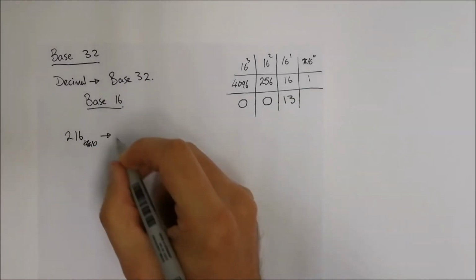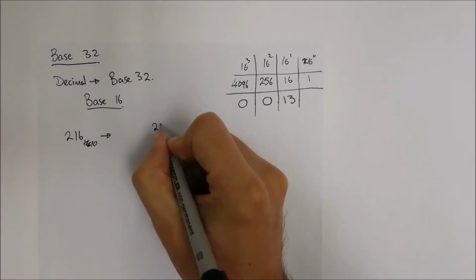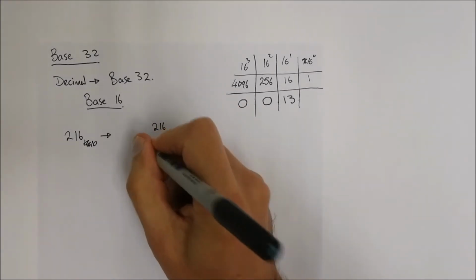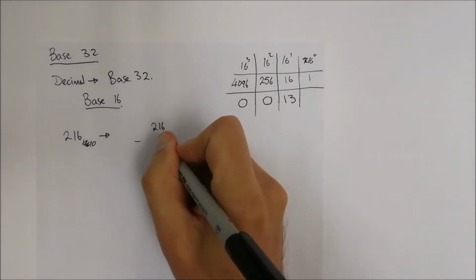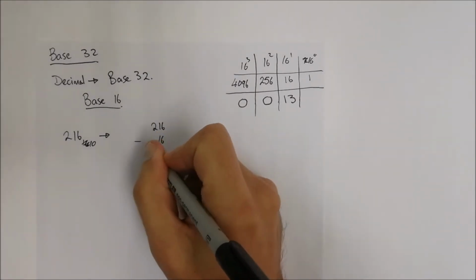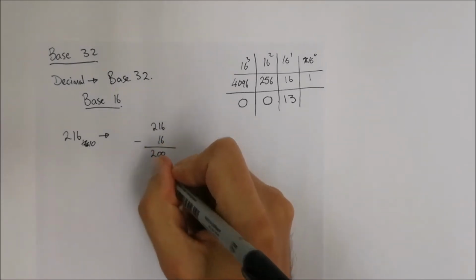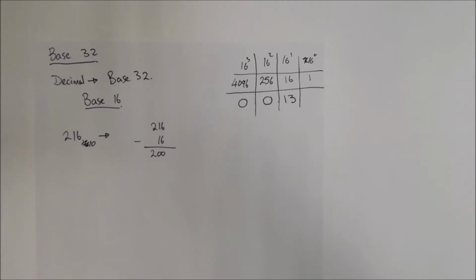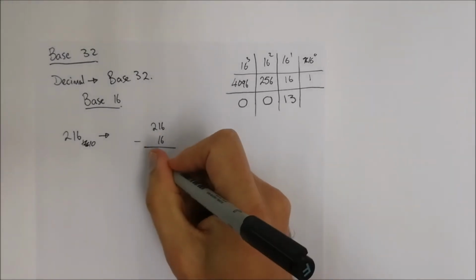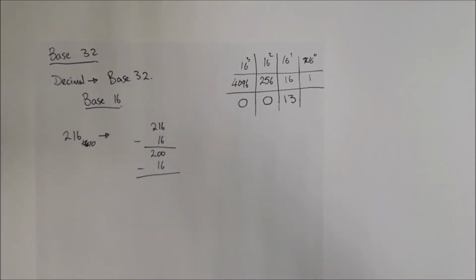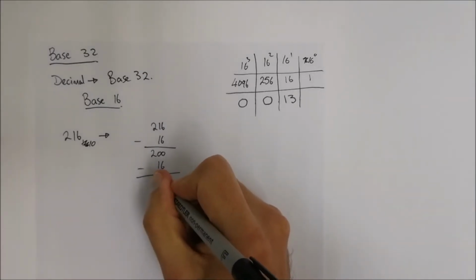Okay, so we have to then say, 216 minus 16, and we're going to get an answer. That would be 200. Then we're going to subtract again 16, and we're going to get 184.